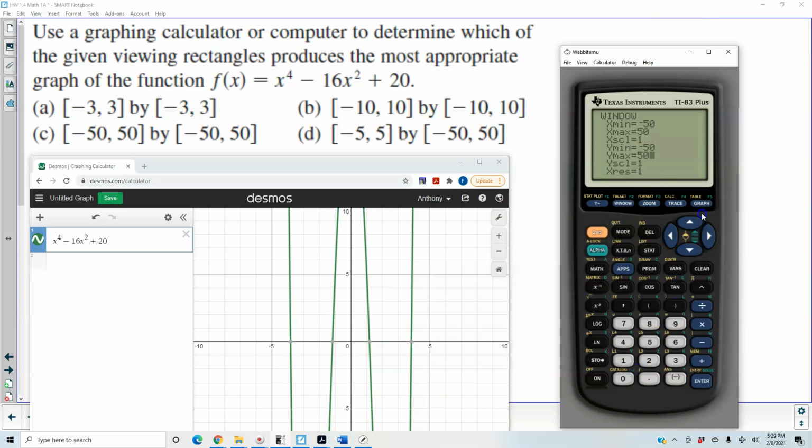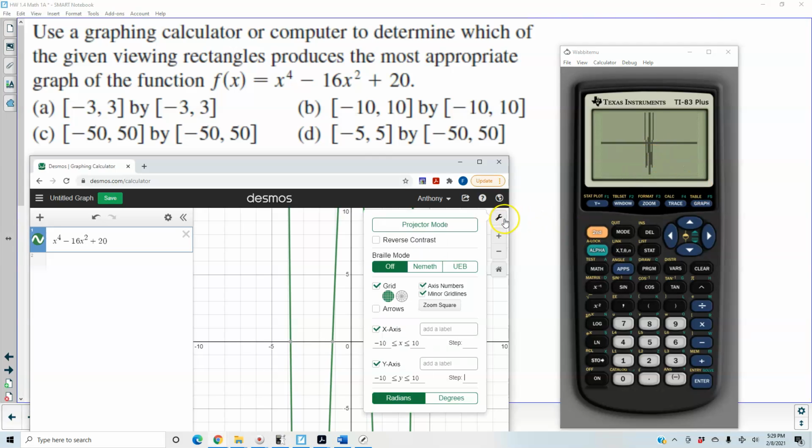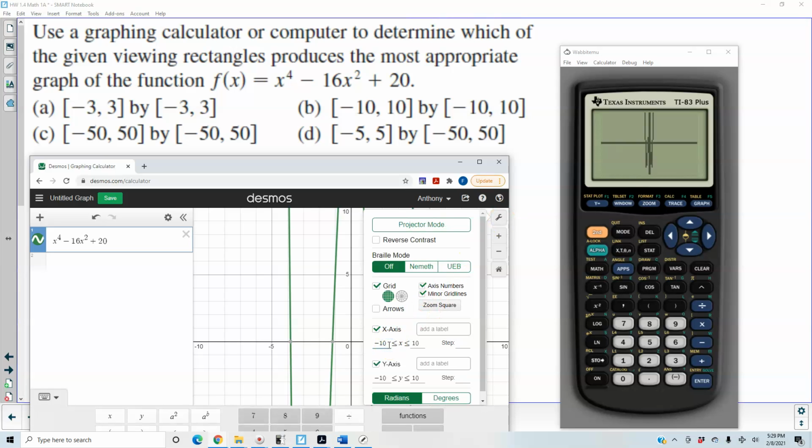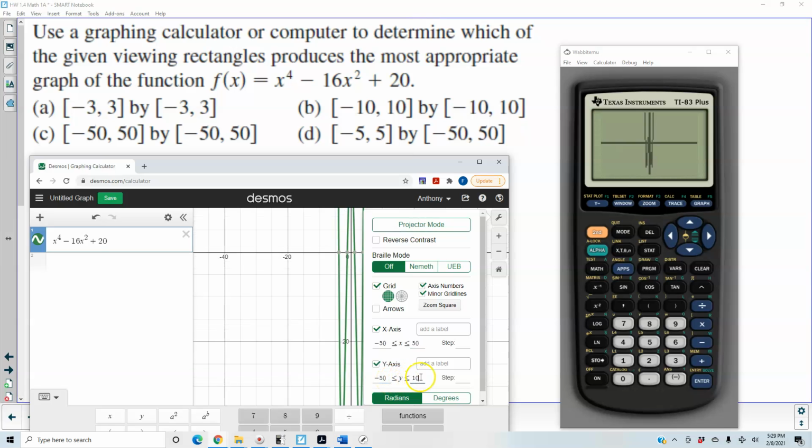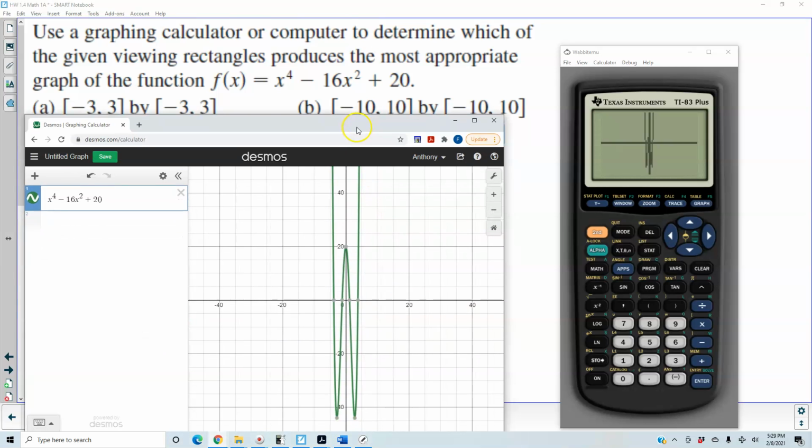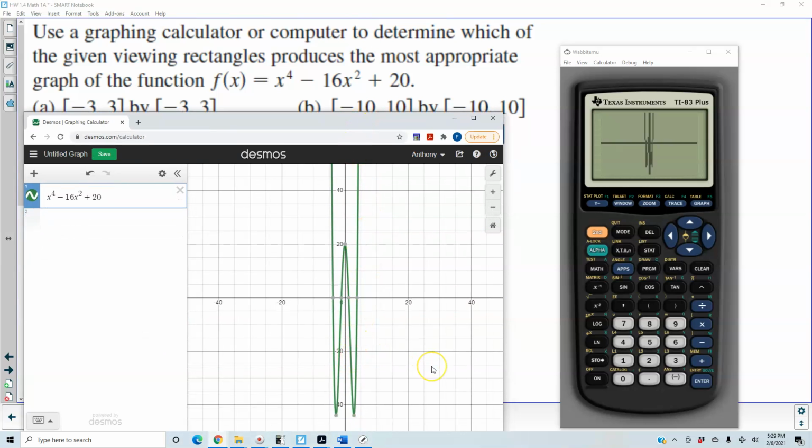And let's look at the graph here. So there's the graph. We do that here as well. Negative 50 to positive 50, negative 50 to positive 50. So we can see what the graph is starting to look like in part C.